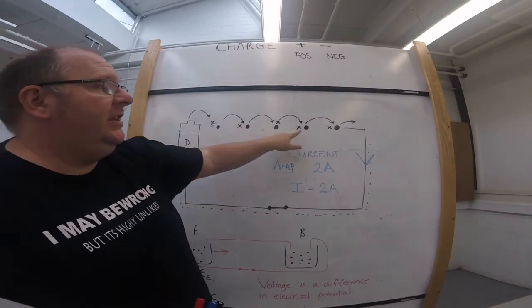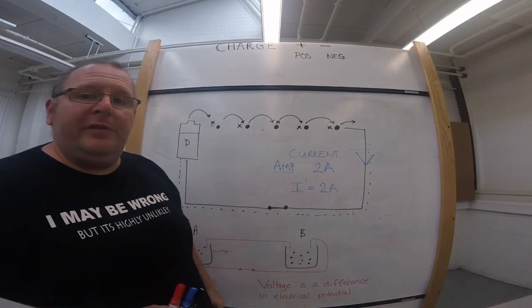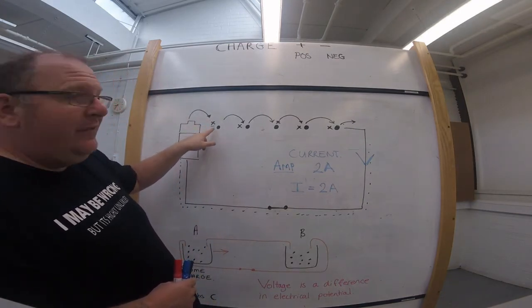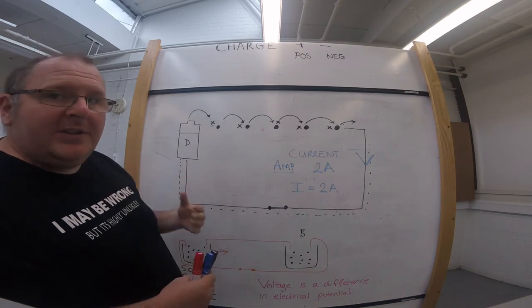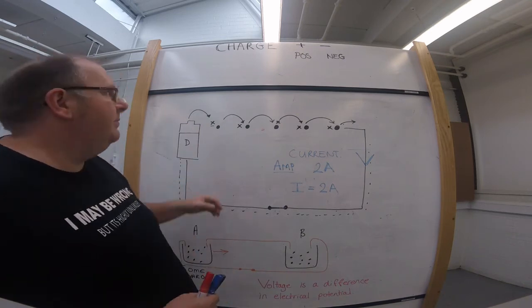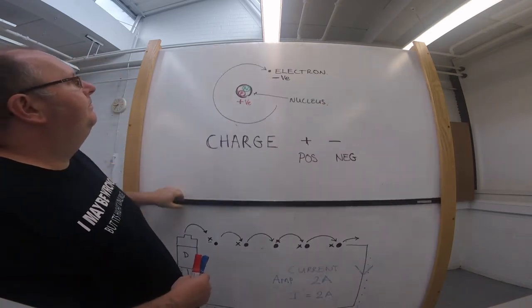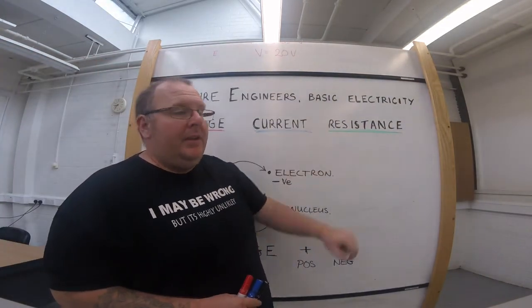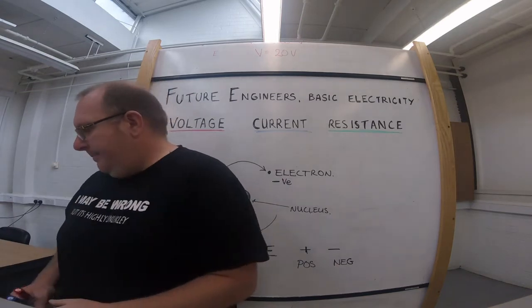This is an example of the electromotive force. Electron comes in, forces another one out. That's how the electromotive force works. So we've only really got one more thing to look at, but I'm going to have to clear the board a little bit.